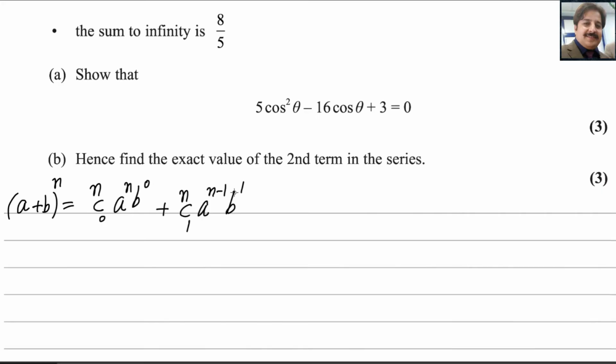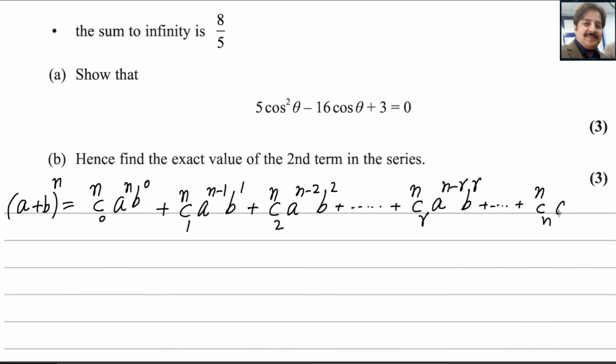Then nC2 a^(n-2) b^2, and it continues, and in between we have nCr a^(n-r) b^r. The last term is nCn with a to the power 0 and b to the power n. So this is the binomial expansion formula.